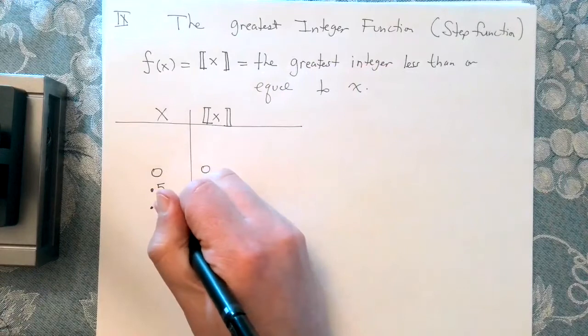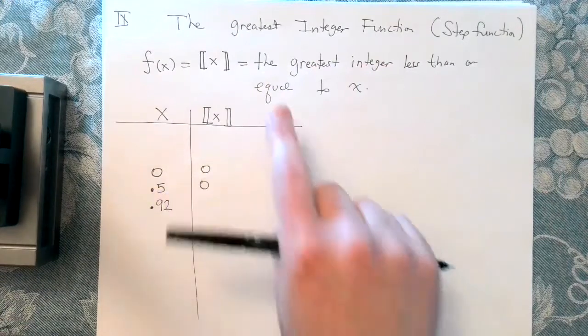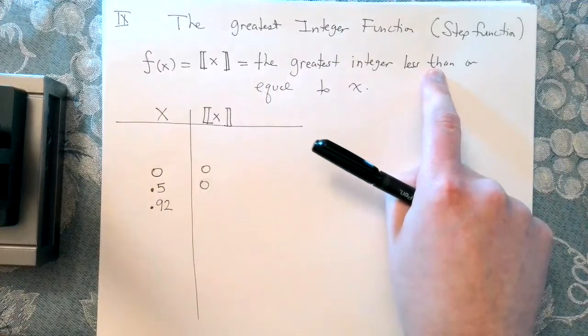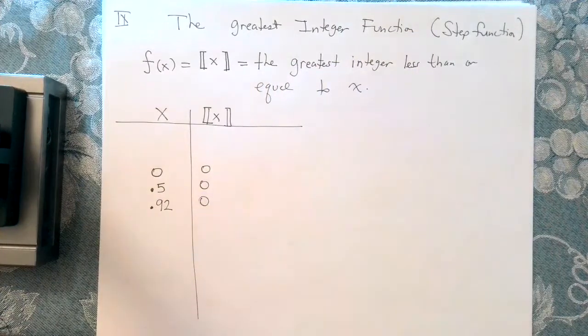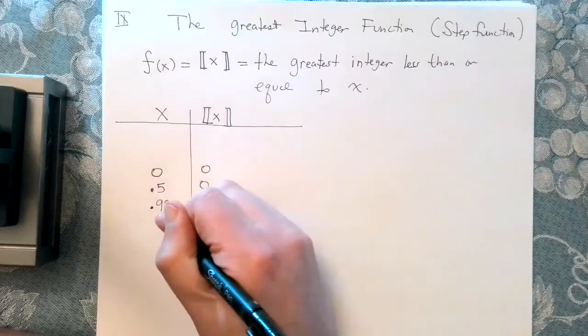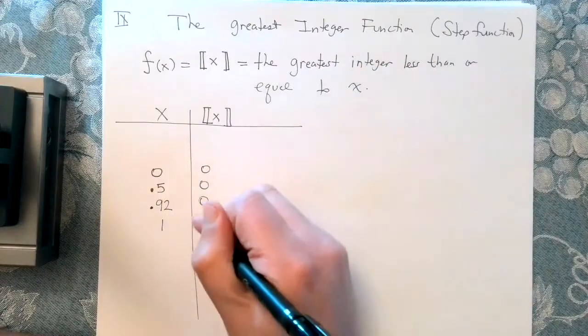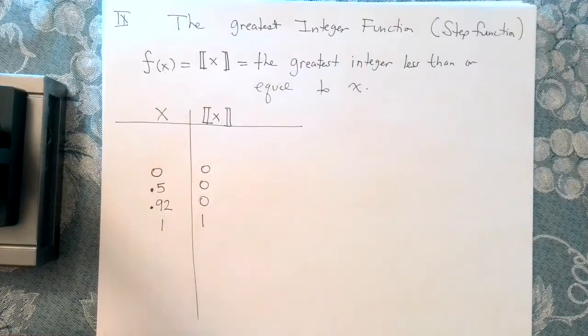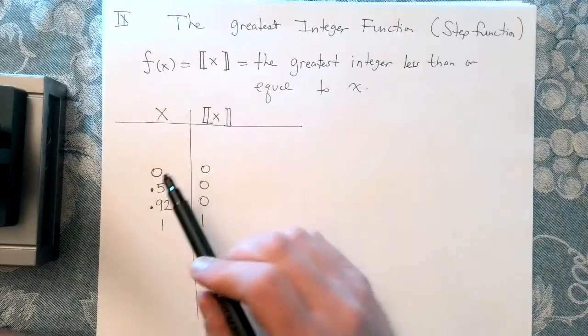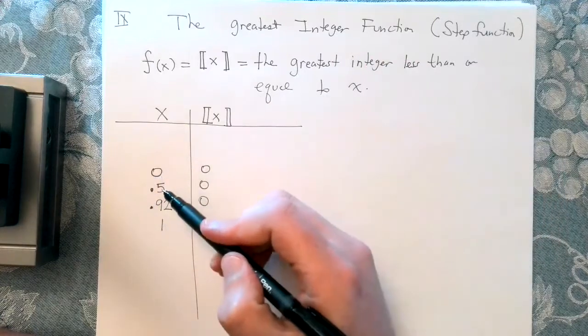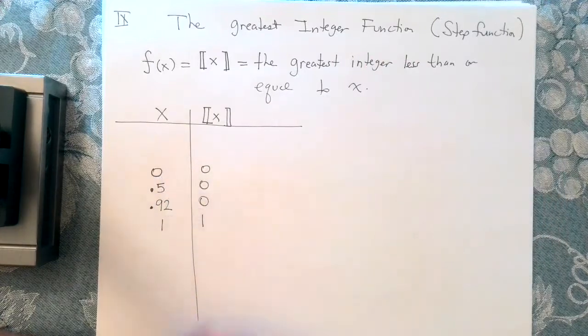What if I input 0.92? What's the greatest integer less than 0.92? 0. What about 1? What's the greatest integer equal to 1? 1. So do you see what's happening here? If you input an integer, it outputs the same integer. If you input something that's not an integer, it essentially rounds down.